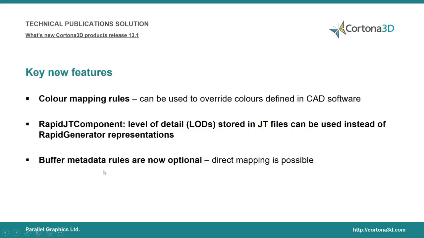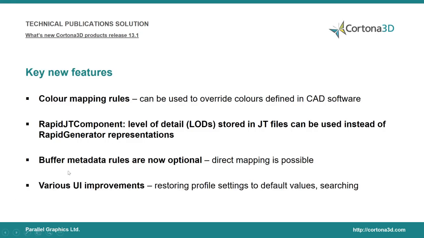Also, buffer metadata rules are not something that is required starting from this release, so you can directly extract and map metadata from source to RapidAuthor project metadata. So that's now optional.